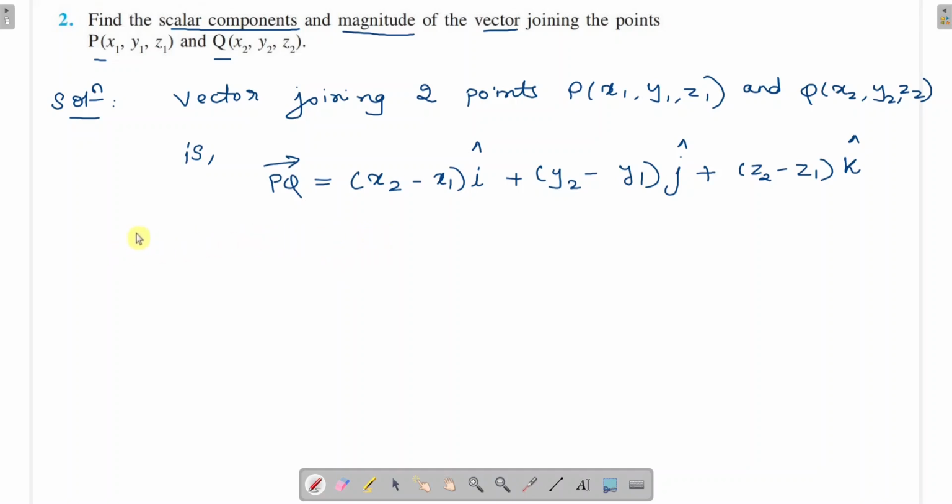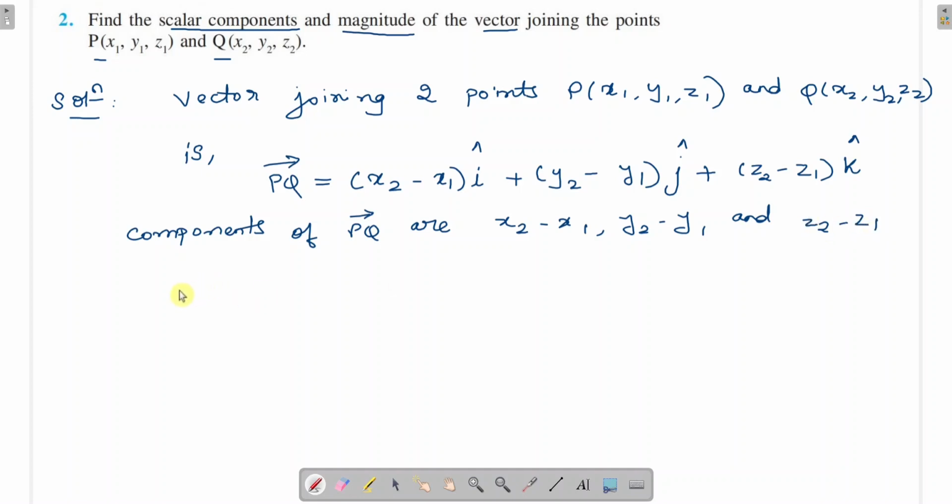So the components of PQ bar are, components meaning just the coefficients of the unit vectors: x2 minus x1, y2 minus y1, and z2 minus z1. Now we have to find the magnitude of the vector.